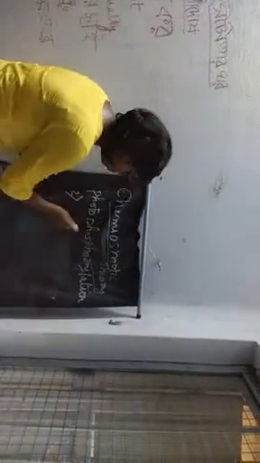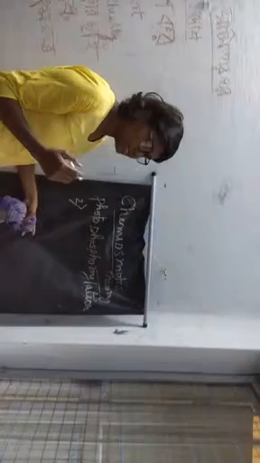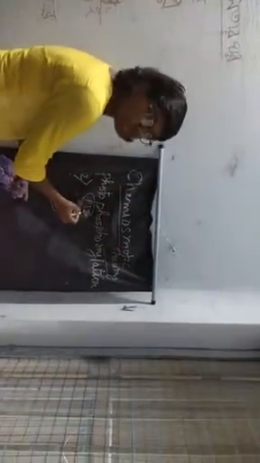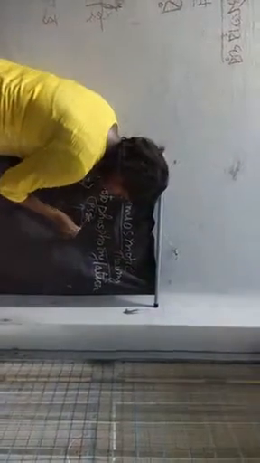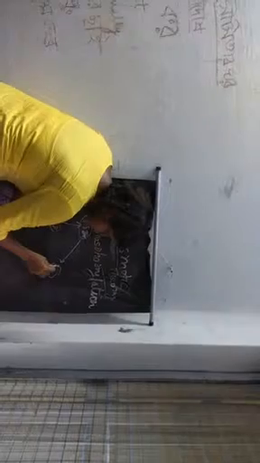Then the second way, you have to understand, is that from photosystem 2, electron is getting transferred to photosystem 1, right?